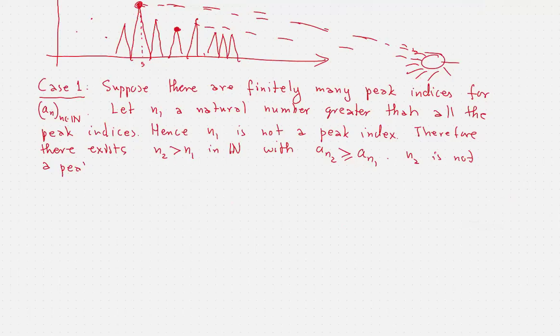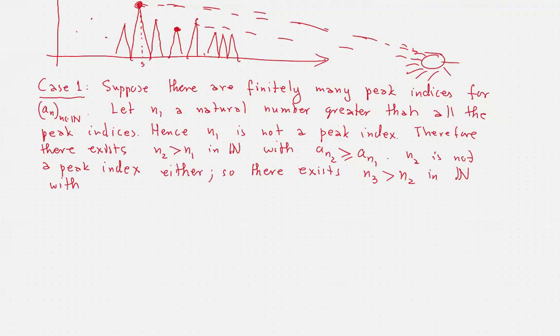So there exists n_3 greater than n_2 in N with a_{n_3} greater than or equal to a_{n_2}.